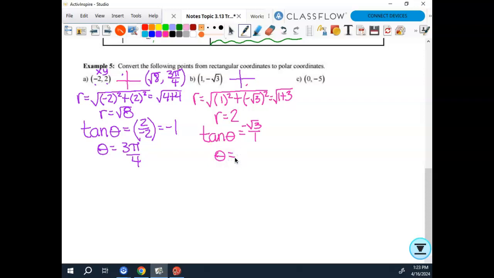I want my pi thirds angle in the fourth quadrant. And what's the fourth quadrant pi thirds angle? 5 pi thirds. Very good. That means that ordered pair then is 2, 5 pi thirds. So you work on that last one on your own.